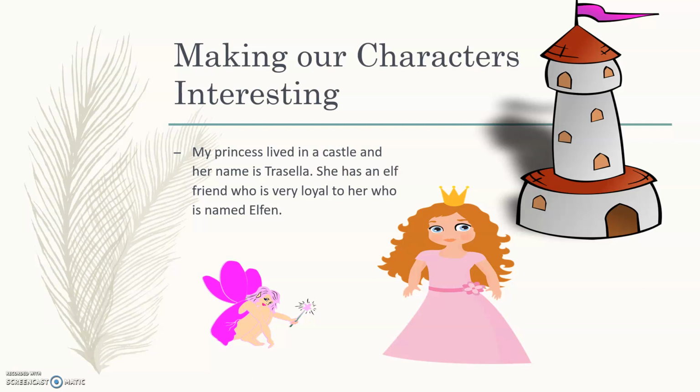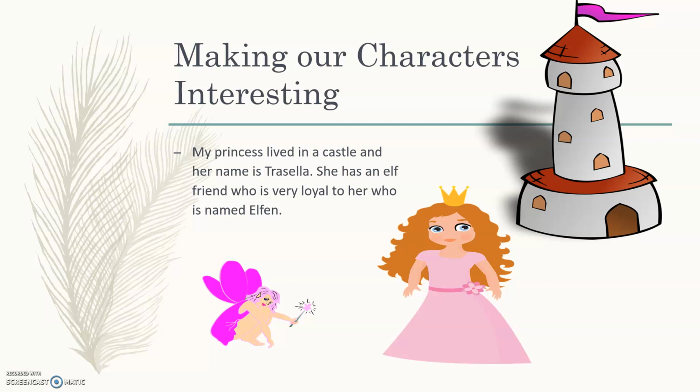Her name is Tricella, okay? And I will be making my character interesting by making her very beautiful and kind and lovely. And she has a little elf friend who is very loyal to her. And that elf, her name is Elfrin. And Elfrin has a wand that has magic.